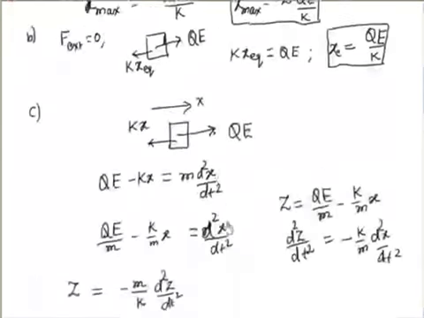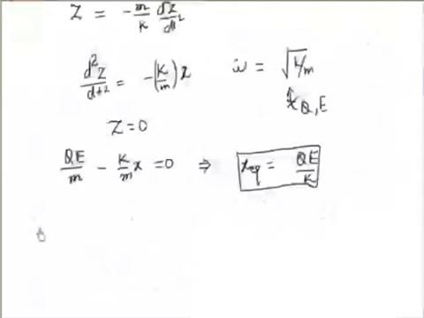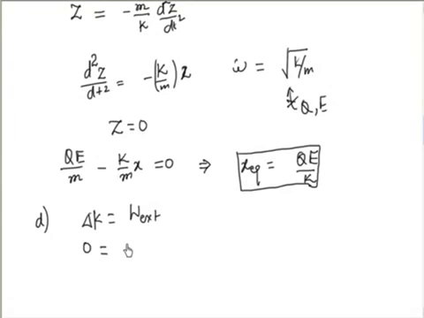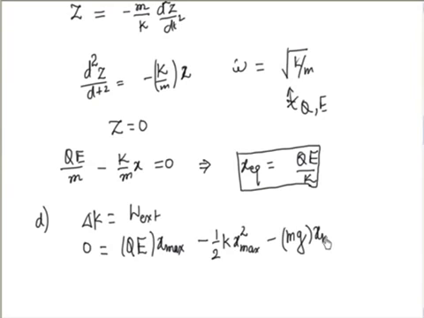So let us say I can write in the next case, this part D, you will have delta K is equals to work done by external forces. So you can do yourself. This is 0 is equals to what are the work done by external forces? QE into x maximum, this is work done by the electric force, minus half kx square, this is the work done by the spring, and friction will also do the negative work, minus mu mg times x max.